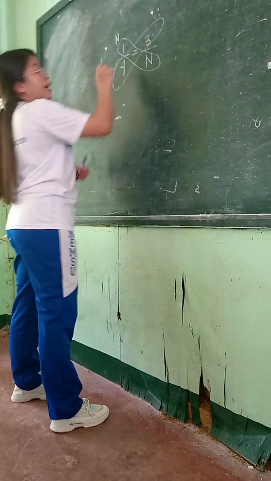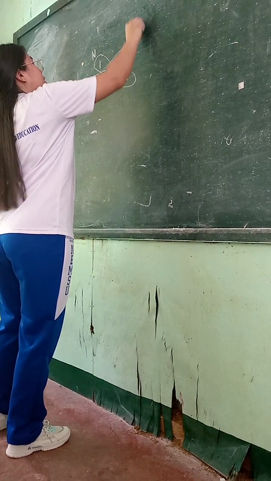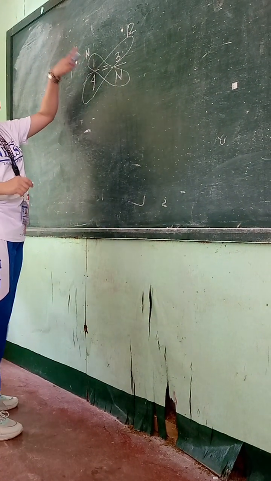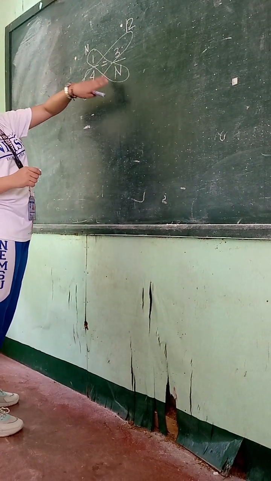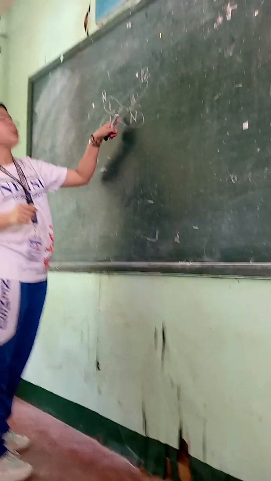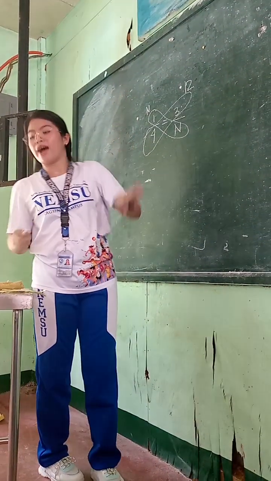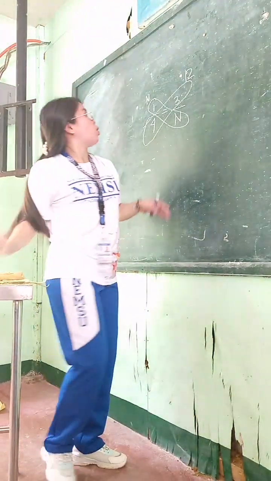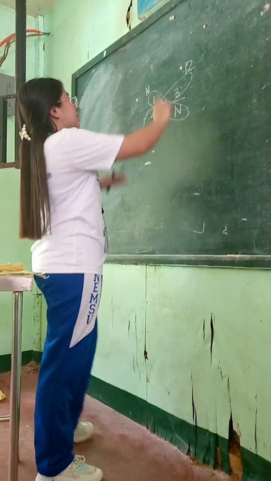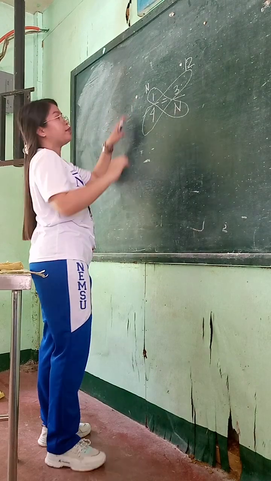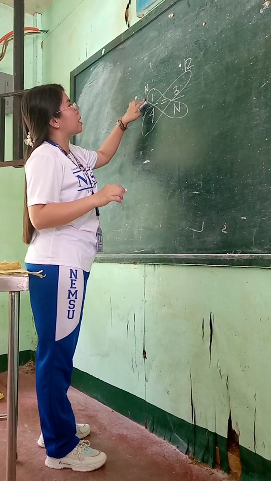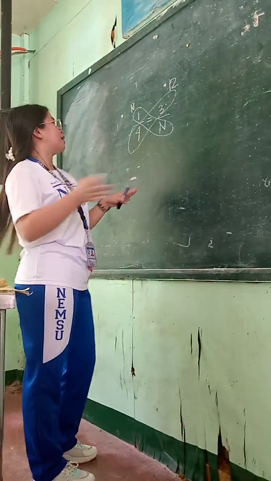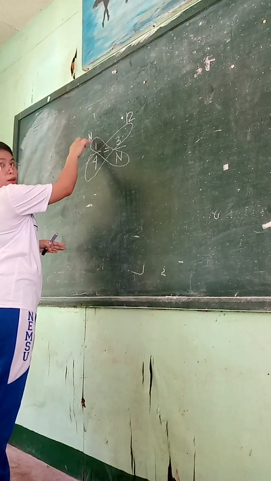Next, 4 times 3, 12. So, since the 1 times n is equal to n, we don't have to simplify, because the n already has 1, so we cannot multiply it to any because it's already 1.